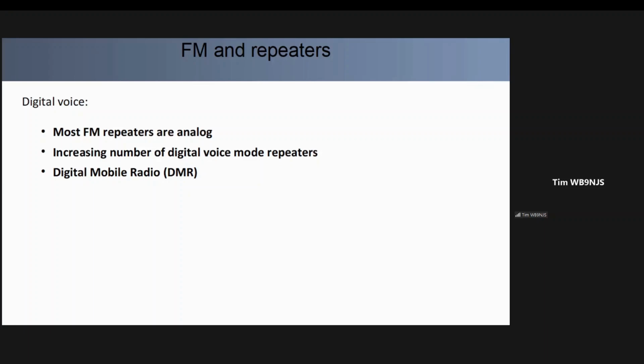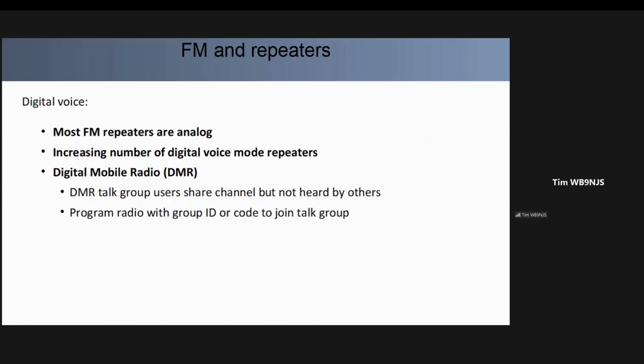We talked about this briefly last week. The neat thing about DMR is you can set up a talk group, and that allows users to share a channel but not be heard by others. So that's one of the advantages of DMR. It's a narrower bandwidth, and you can set up basically private chat channels.